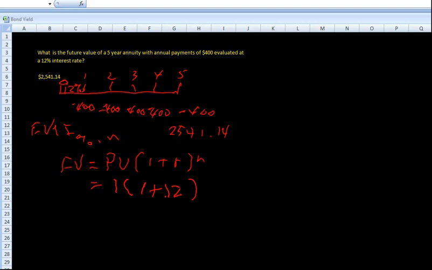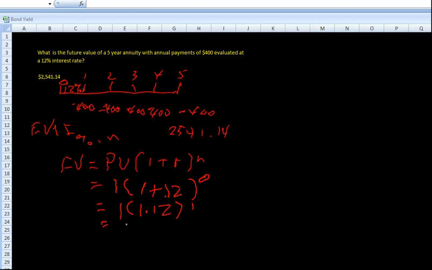And to get the power here, we're going to get this last payment in year 5. So that's going to be 0 because we're in the 5th year, and $400 in the 5th year is $400. So this is 0. So we have to do this for each year. We have 1 plus 1.12 to the first power, which is 5 minus 4.